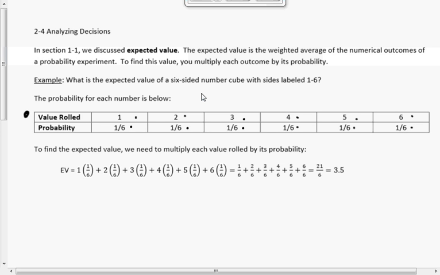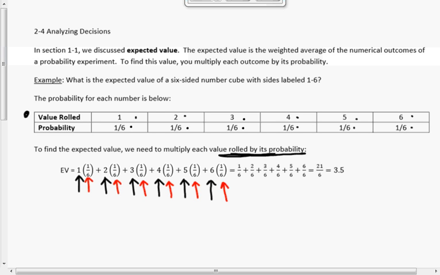So if I wanted to find the expected value of rolling any specific number, we would take the probabilities. You would see we've got outcomes listed here. We can roll a 1, a 2, a 3, a 4, a 5, or a 6. And next to the outcomes being multiplied together are the probabilities. So you can see that every outcome is being multiplied by the probability of that outcome happening.